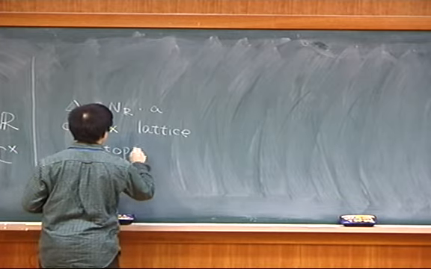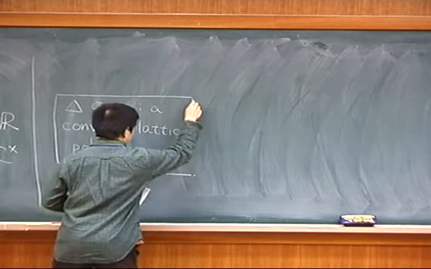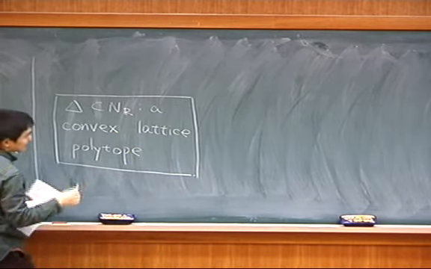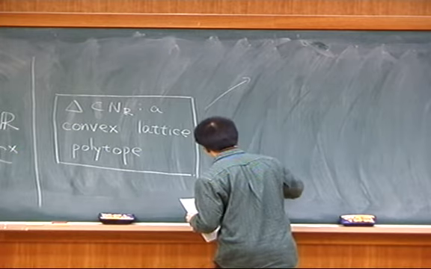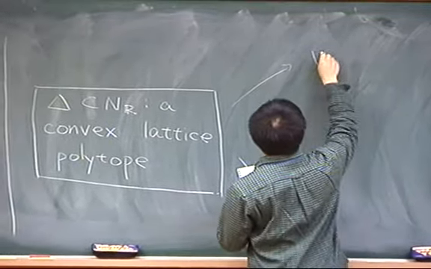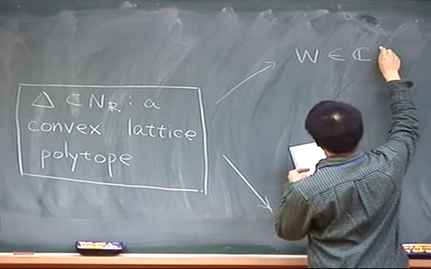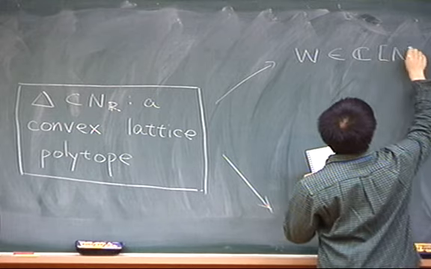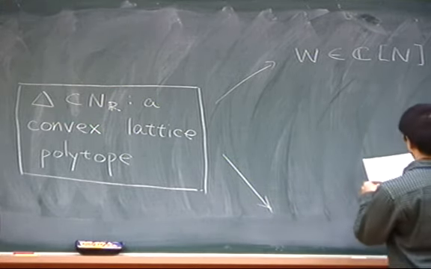By a convex lattice polytope, I mean the convex hull of a finite subset of the lattice N. And from here, we associate two geometric objects. One is a Laurent polynomial. So it's an element of the group ring of M.